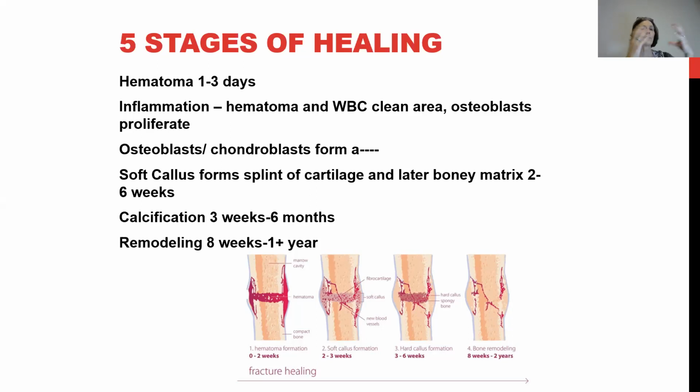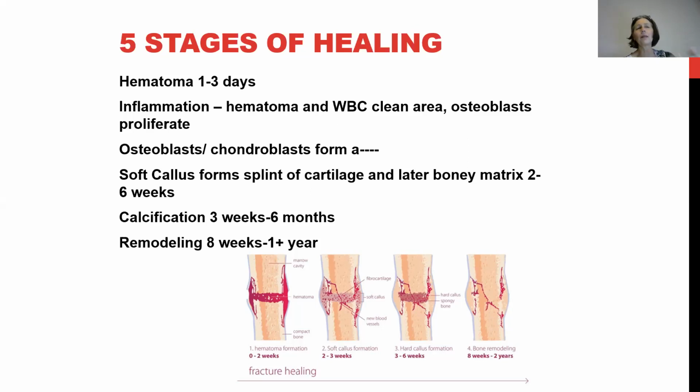But over the course of the next 2 to 6 weeks, this callus is going to form around the side of the break. The calcification starts even as early as 3 weeks. Some calcification will occur. That can take up to 6 months to completely occur. But if you see that bony matrix and that callus formation is complete at 6 weeks, that means there's some structural support around the bone at that point.